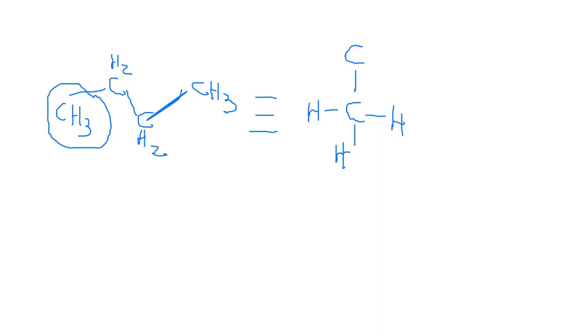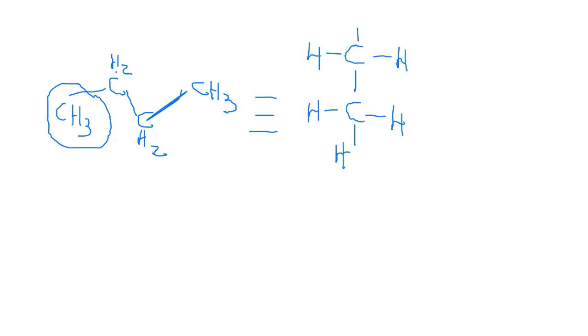And then for this carbon, they write H2, but actually carbon always has to have 4 if it is a saturated hydrocarbon. And the bonds are always going to be single.